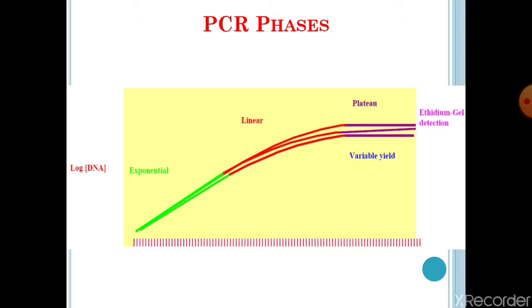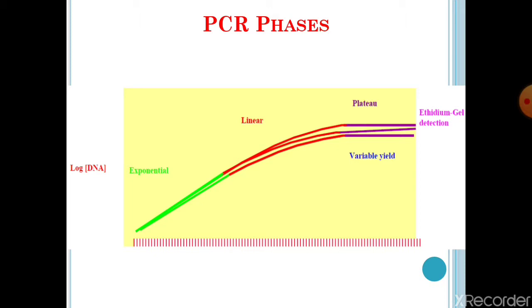Each tube or reaction will reach plateau at a different point. Why is it happening? Because of different reaction kinetics for each of these samples. These differences can be seen in the plateau phase. You can see three distinct purple lines which show the three distinct plateaus for three replicates.